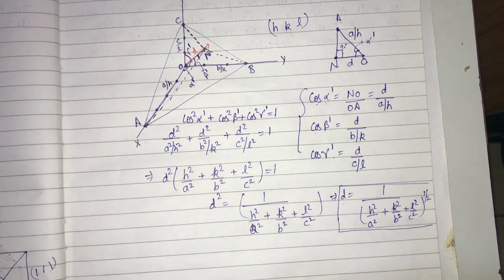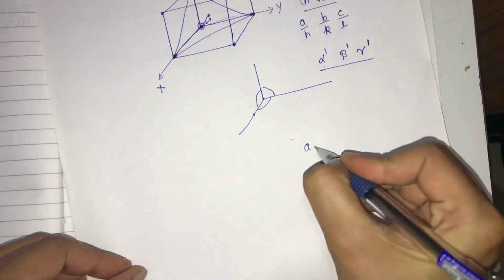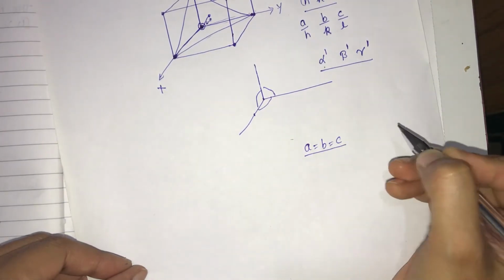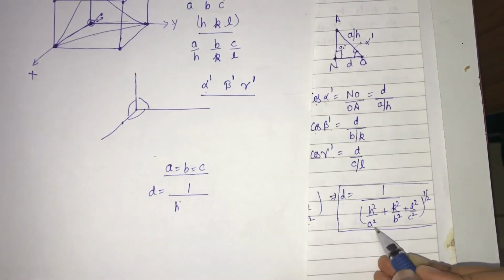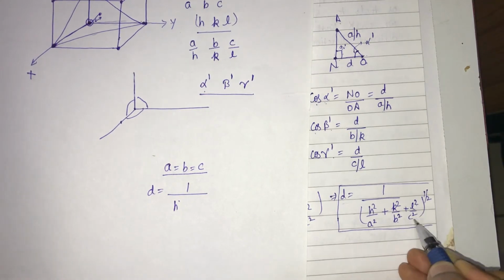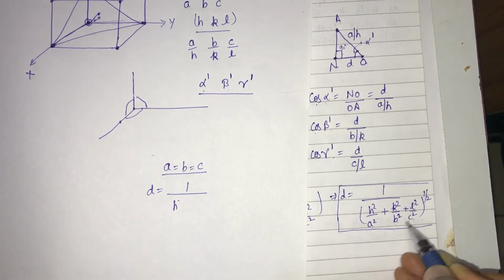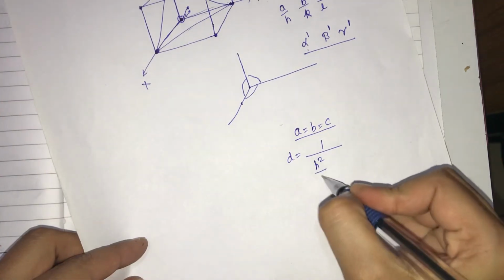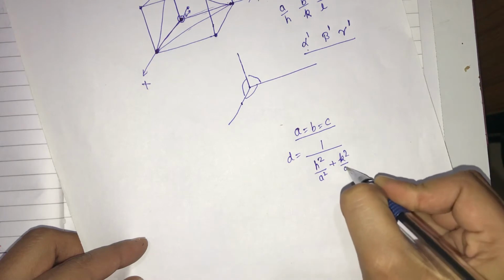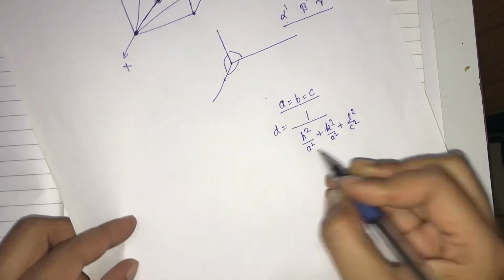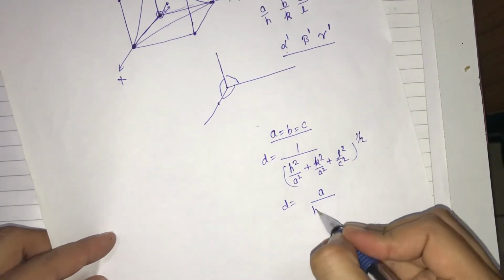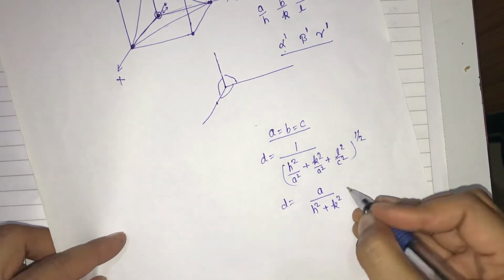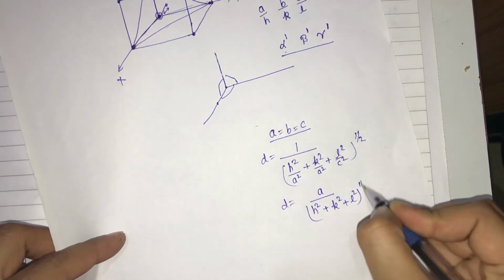Suppose we have a cubic system. In a cubic system, a, b and c parameters are equal. So in that case, this interplanar spacing will be equal to 1 over h square over a square plus k square over a square plus l square over a square, power 1 by 2, and this makes it a over h square plus k square plus l square, power 1 by 2.